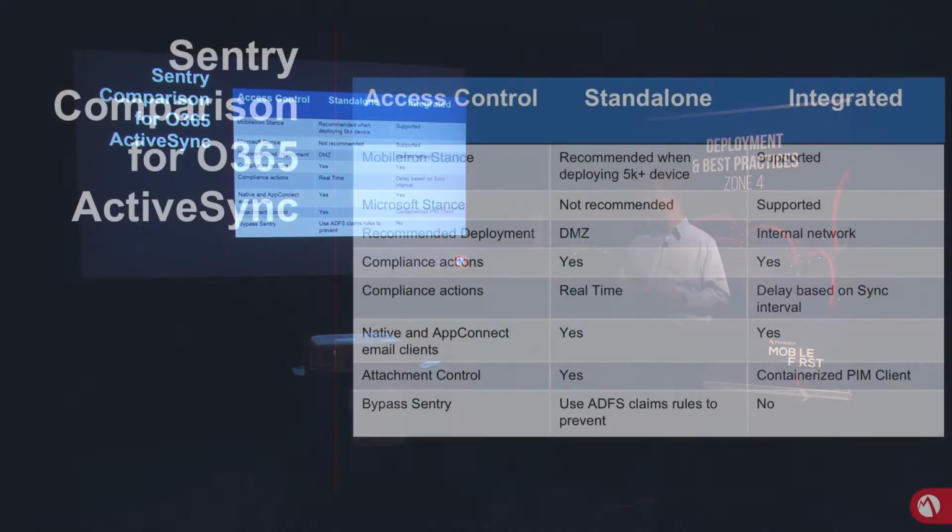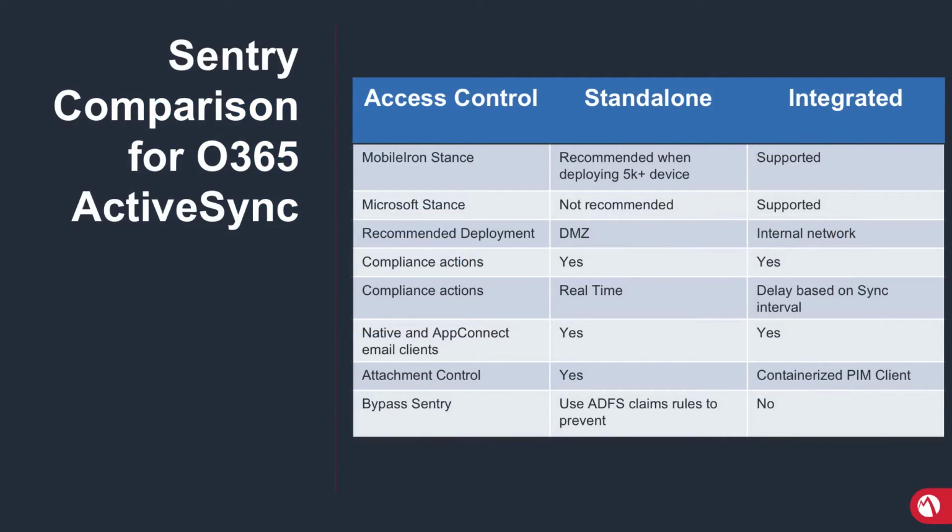Looking at the integrated Sentry itself, we'll support both of these products. Recommended numbers: when we're talking about using Sentry with Office 365, anything that exceeds 5,000 devices, we're going to want to recommend that you use the standalone Sentry. Now, Microsoft doesn't necessarily recommend any type of proxy sitting in line with Office 365.